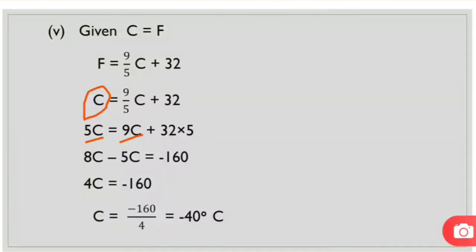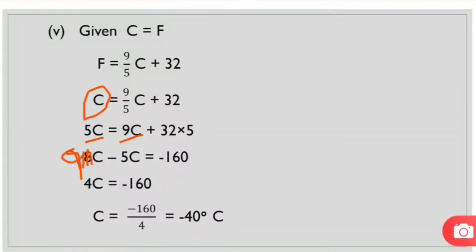Now we transpose the sides. Let us take 5C on that side and 32 on this side. Whatever way you take, you will get the same sign. So here it is actually not 8, it is 9C. 9C minus 5C equal to minus 160, because we take 5C this side and 32 into 5, that is 160, we take on the left hand side. So we will get 9C minus 5C equal to minus 160.